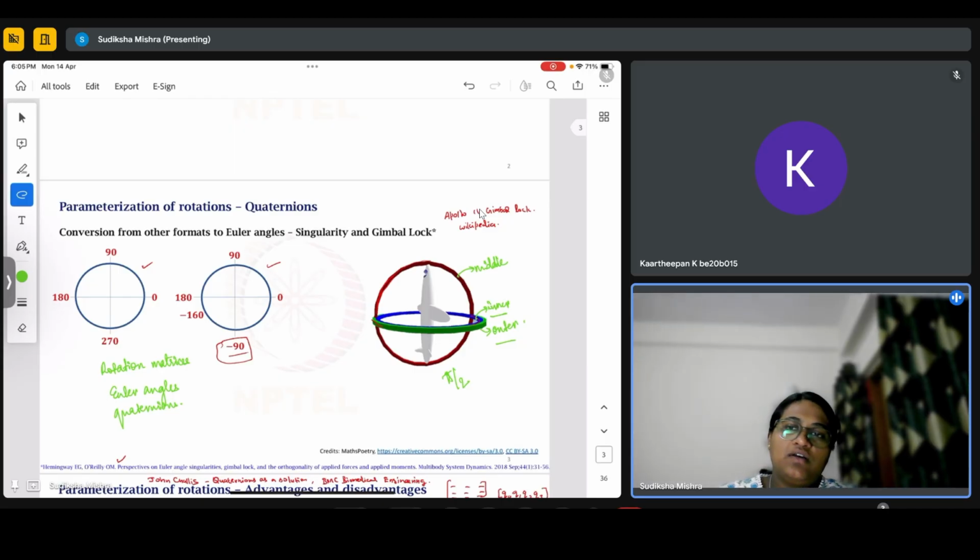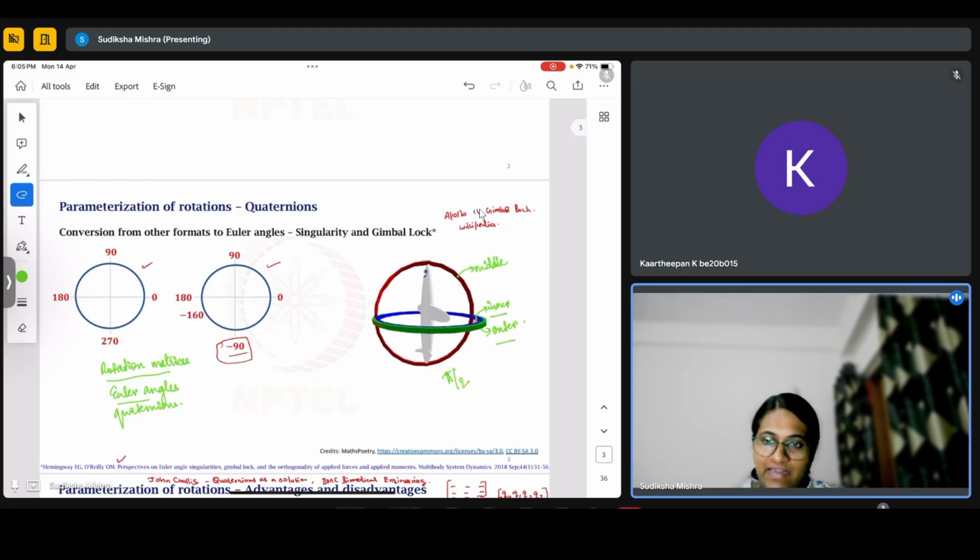Each of the methods that we saw had their own problems. Rotation matrices are kind of complicated. We'll see details of that in a later slide.